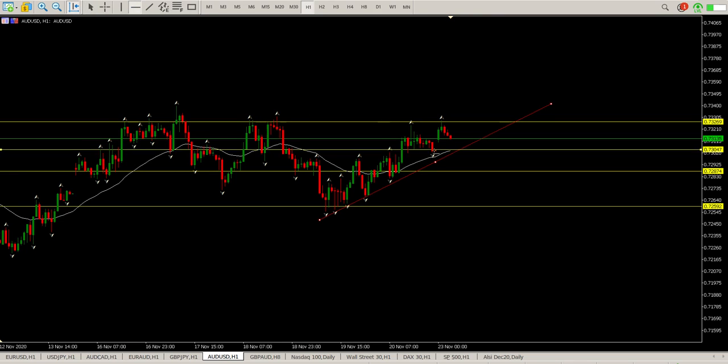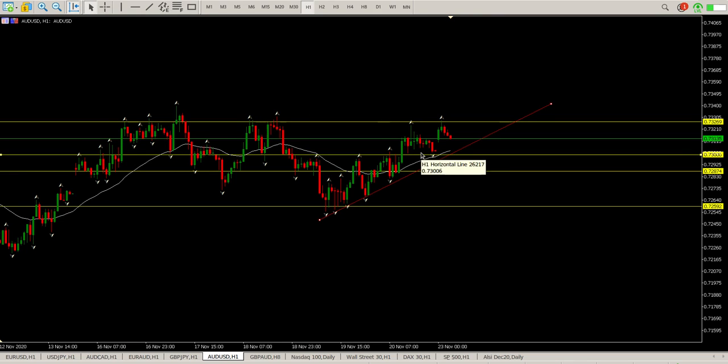Possibly something like a move to close the gap, find some support on 073. If we can get support on 073, then another move back to the upside here at 073.269. I think we need to get through 073.269 and come back and test it for me to start looking at this at the moment.